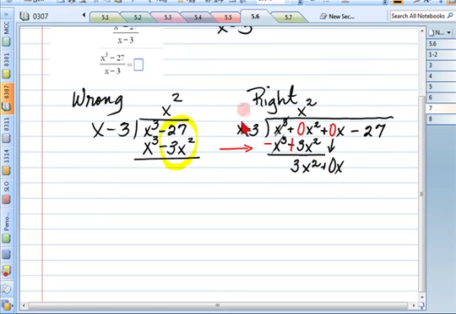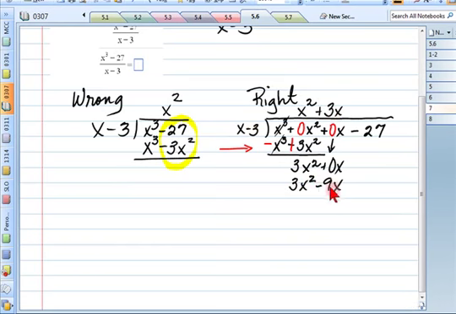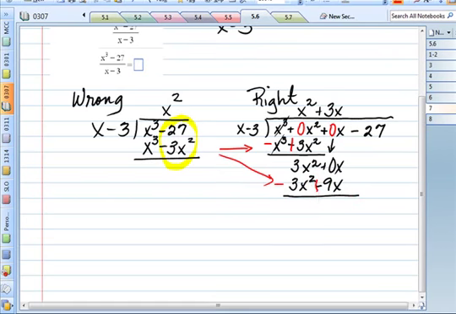And start over. Looking at the x. What do you have to multiply x by to get 3x squared? 3x. So plus 3x. 3x times x is 3x squared. 3x times negative 3 is negative 9x. Change my signs. That gives me the 3x squareds cancel.